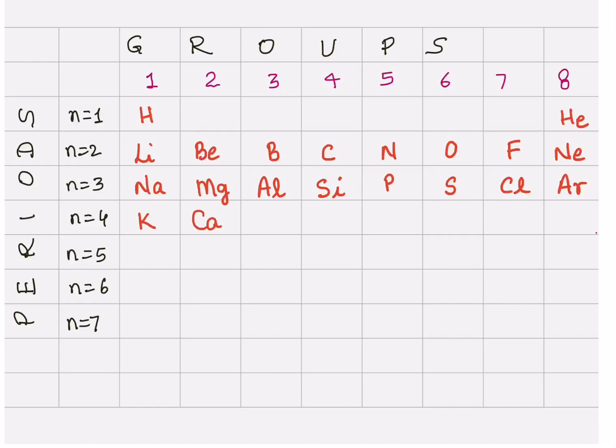Now what happens is when you start filling up the next element, you've got scandium, atomic number 21. Now for scandium, instead of it having the configuration 2, 8 and 3, after the fourth shell has acquired 2 electrons, now the electrons start going back into the third shell.